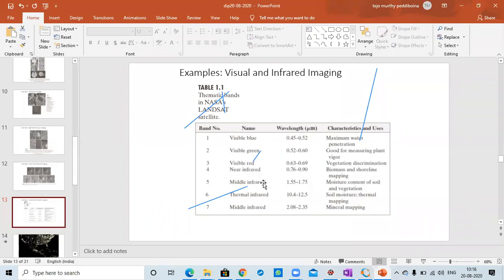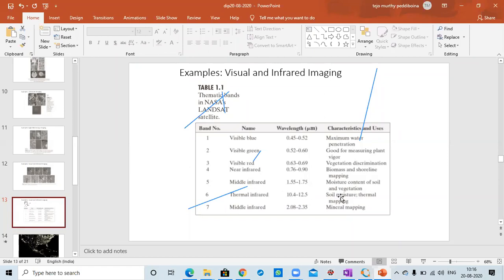All these images are used for understanding how much crop area is there, what different types of crops the farmers are growing. And near infrared is used for biomass and shoreline mapping.